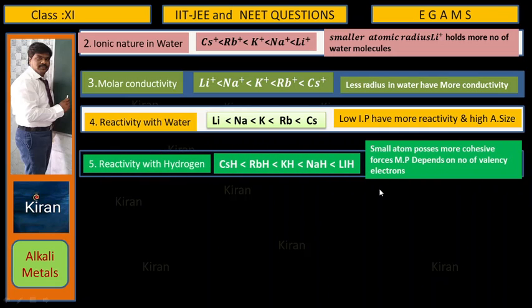Reactivity with hydrogen. Which element can react easily with hydrogen? In lithium hydride, the lithium atom holds the hydrogen easily because of its smaller atomic size. Lithium atom is a very small atom.